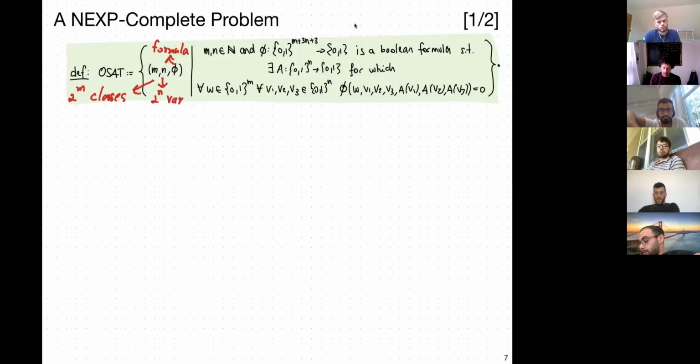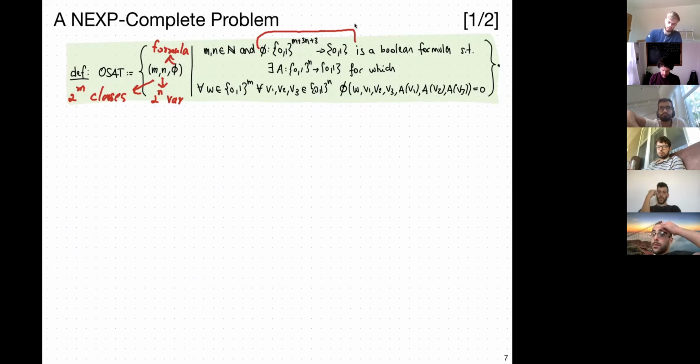I think it would help the intuition. So we have this huge exponential size Boolean formula. Think about a 3-SAT over, sorry, not over exponential size, but some large formula over m plus 3n plus 3. You'll see exactly what it means.